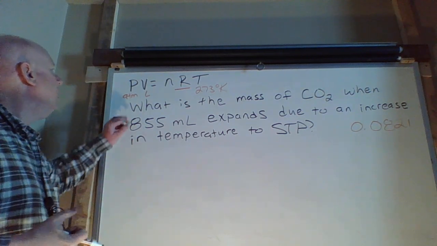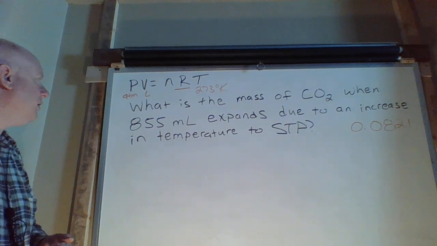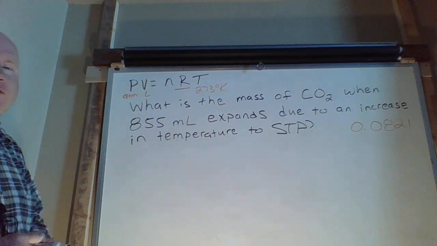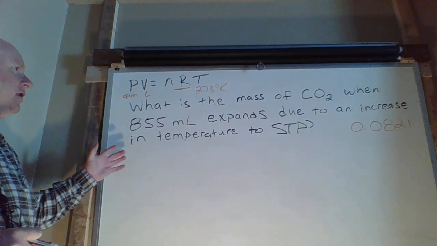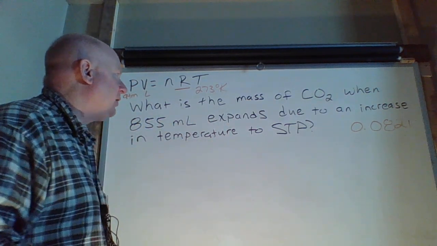All right. So it says, what is the mass of carbon dioxide when 855 milliliters expands due to possibly an increase in temperature? And we're not concerned about where it started, but we're increasing this temperature to standard temperature and pressure.